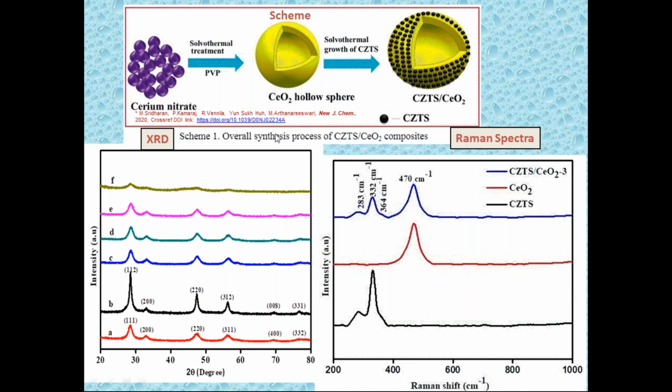Characterization was done by XRD. The XRD was done with Cu K alpha radiation at a voltage of 40 kV. The morphology and EDS mapping of the sample were observed by field emission electron microscopy.